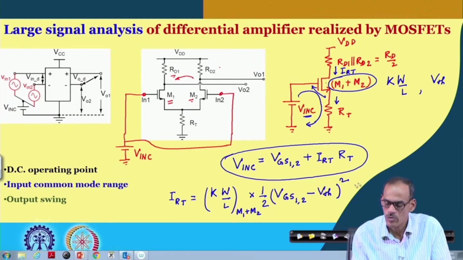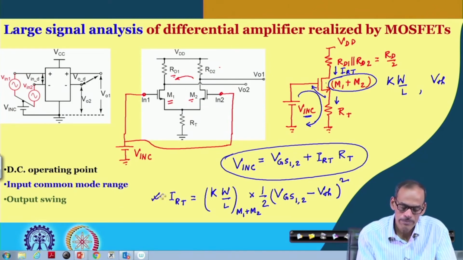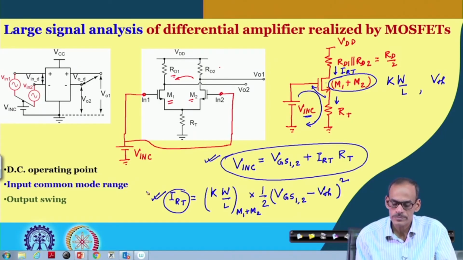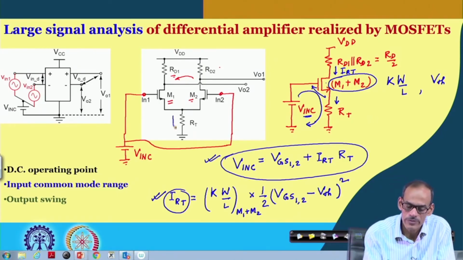So, we are dropping the 1 plus lambda VDS part. If you consider this equation and this equation and solve, then you can find the current flowing through this RT, and half of this IRT flows through this resistor and this resistor.